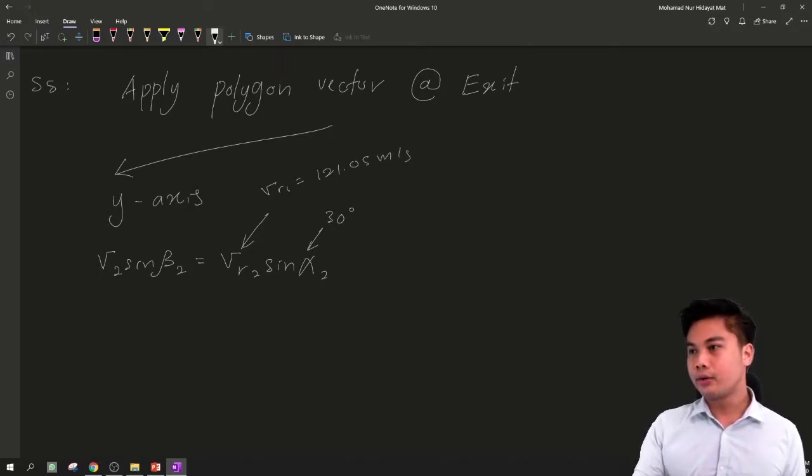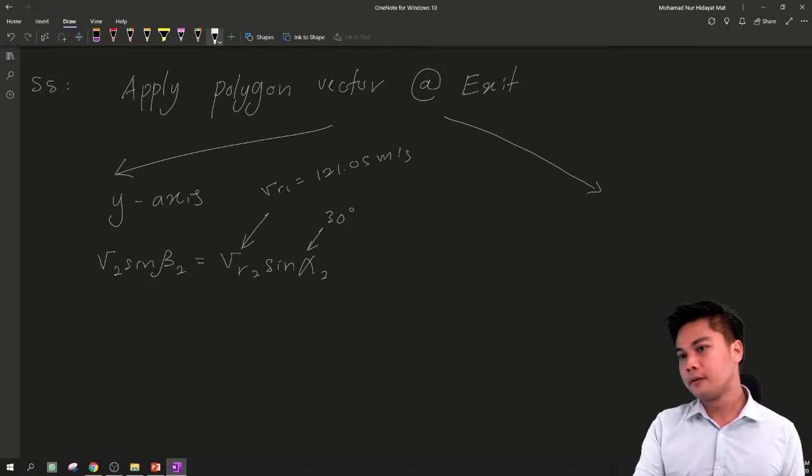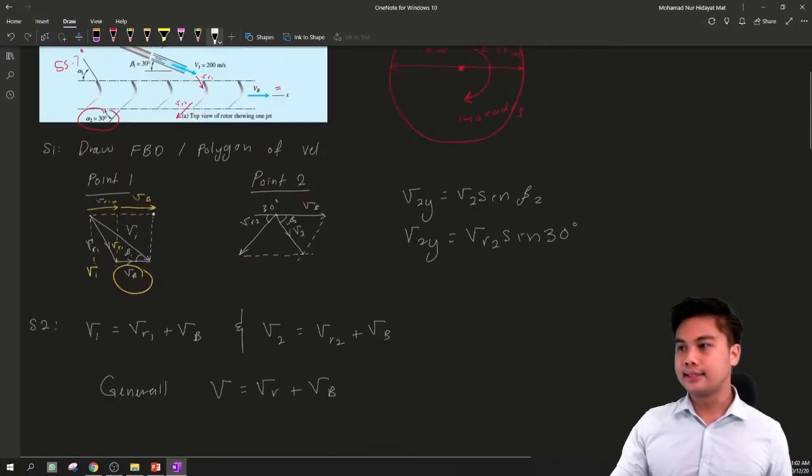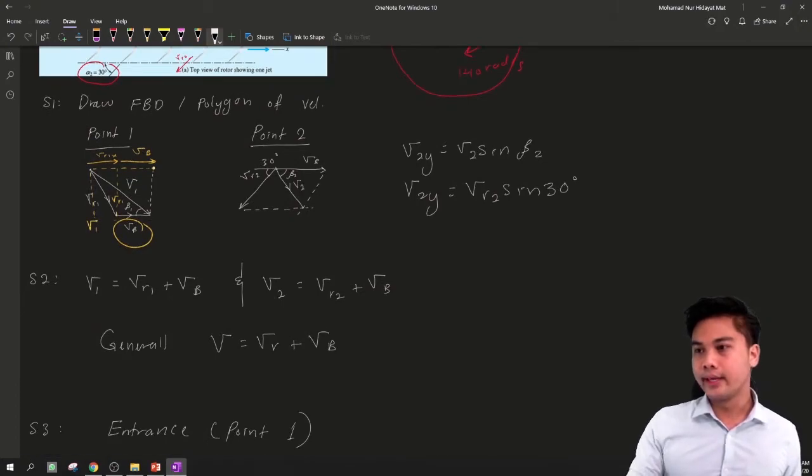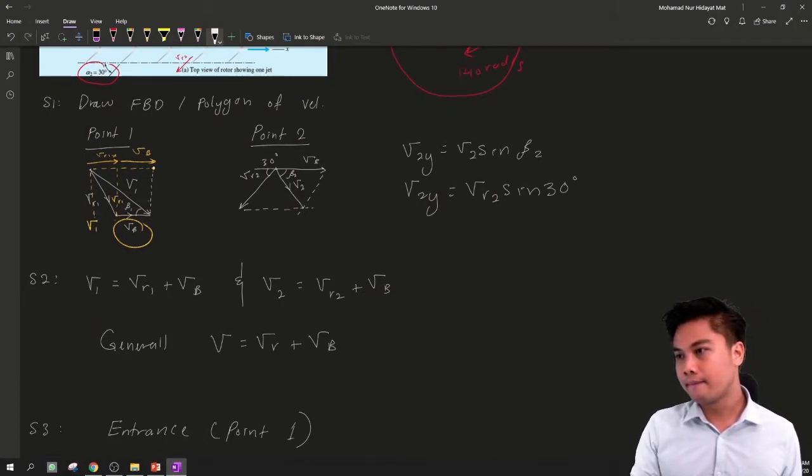So how about the x component? So this is x axis. Let's take a look at the x axis. Okay, so this is V2x. In order to get V2x, V2x only reaches this point when you do the x-axis. V2x only reaches from here to here.